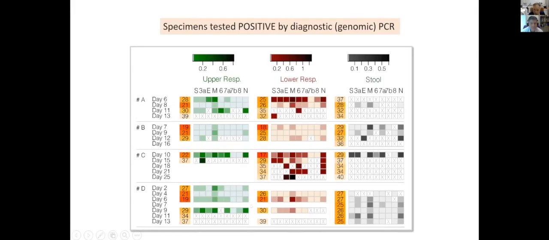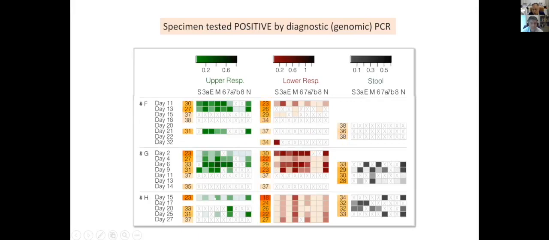Similarly, this patient had very prolonged shedding, 32 days, still positive by diagnostic PCR. But if you do subgenomic PCR, you know that the infectivity was only up to day 11 or day 13. So subgenomic PCR can help us clarify some of the information when we really want to understand the activity of the virus.